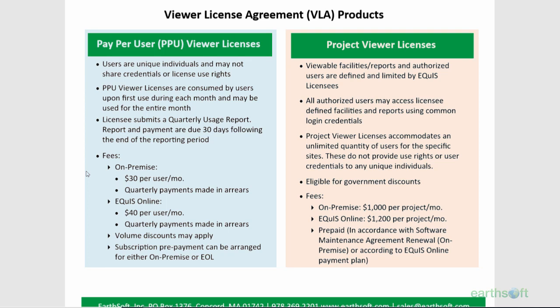I'll dive in a little bit here on some of the details. Again, individual, unique sign-on, username and password, no sharing of credentials. The consumption is monthly for how the charges occur.